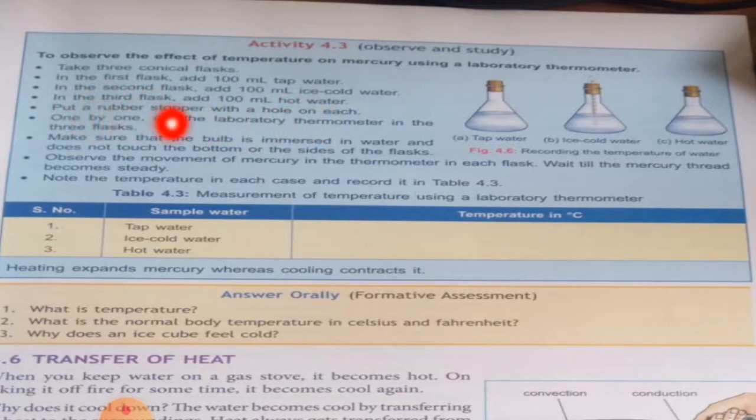Put a rubber stopper with a hole on each. Okay, so this is the rubber stopper and it is fit in the hole of the conical flask. Rubber stopper is used for plugging joints or holes in laboratory glassware such as conical flask.